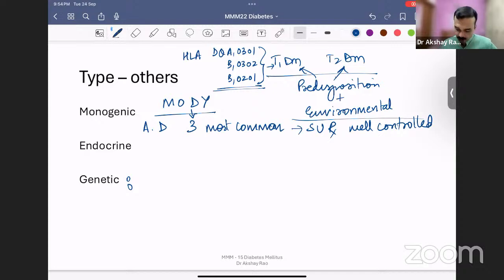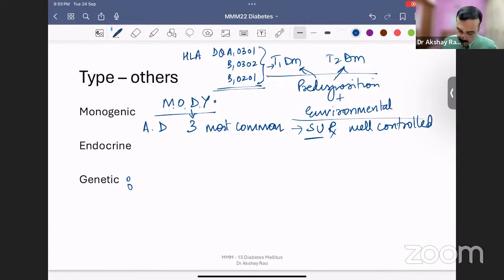Yet, if this young individual is getting controlled with just the sulfonylurea, and you check their family history, the father has it, the grandfather has it. So there is a family history of well-controlled diabetes, not much complications. There's no history of retinopathy, nephropathy, nothing. Then in that case, you suspect MODY, maturity onset diabetes of the young. MODY 3 is the most common one.